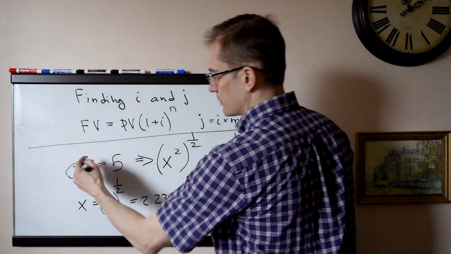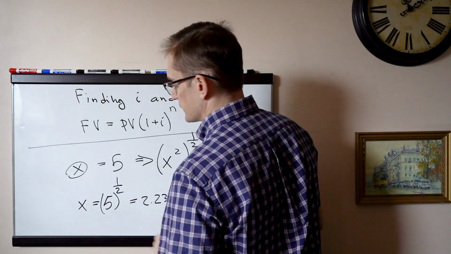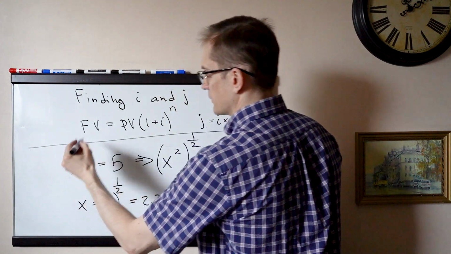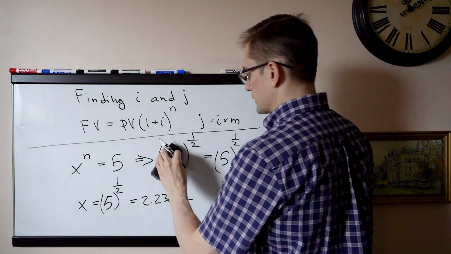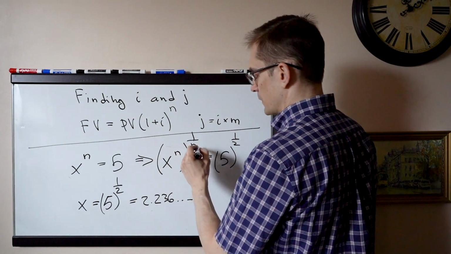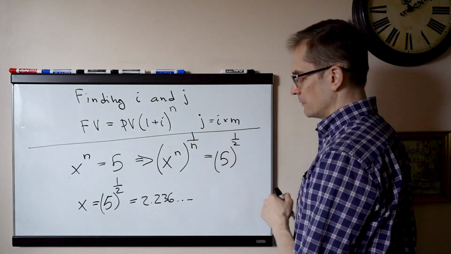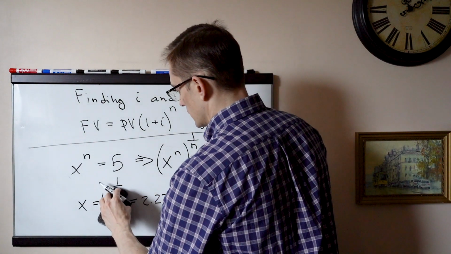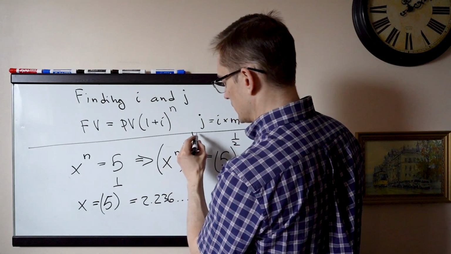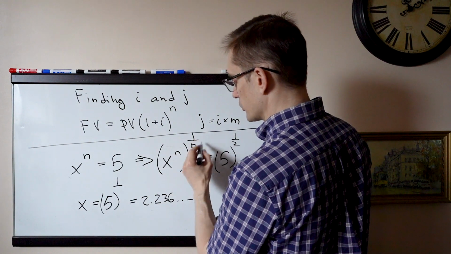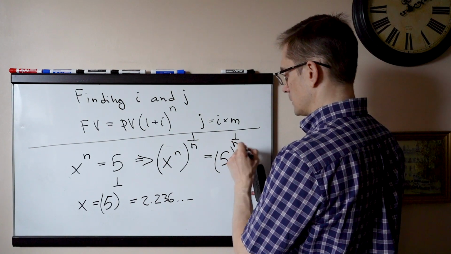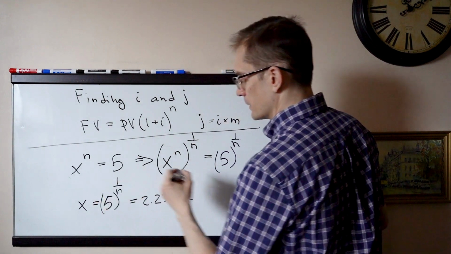Now, there is nothing special about 2. If I say x to some exponent n, whatever that exponent n is, the same logic will apply. I will be finding 1 over n exponent here, so n will be divided by n, which gives you 1, and then you will have 5 to the 1 over n.